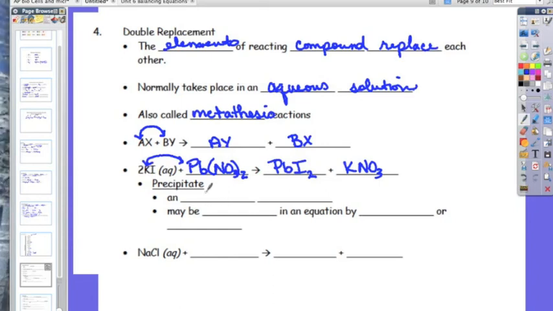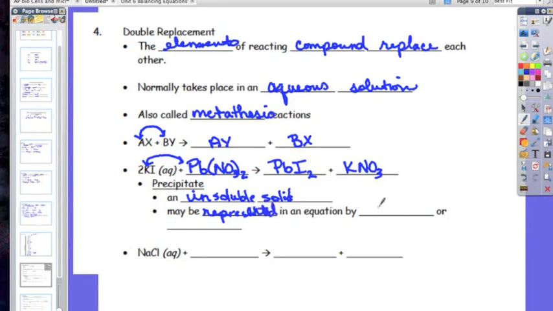In these types of reactions, sometimes you end up with a precipitate, and that is an insoluble solid. And you have a chart in your section 1, your information section, that has a solutions chart, which will tell you if things are soluble or not. And they may be represented in the equation by an S or by an arrow down.